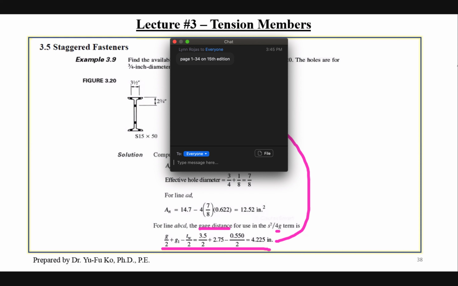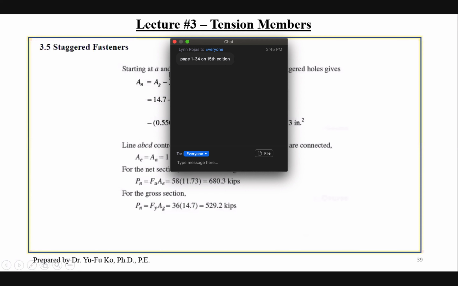Okay. Now, with them being defined, let's move on to calculate the net area associated with this failure path, AB, CD.